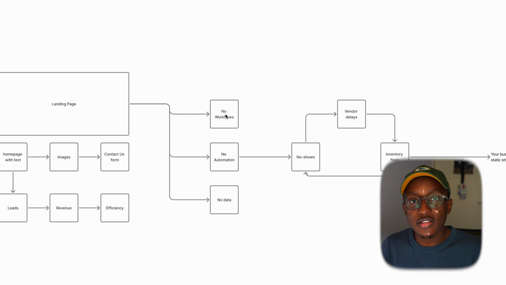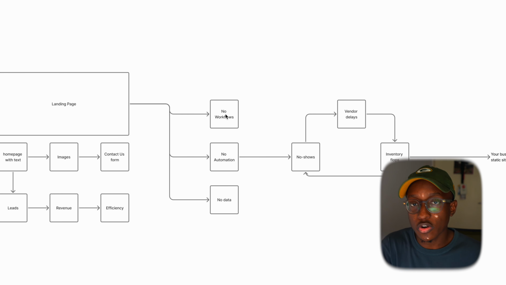You basically say, hey, someone lands on the page, they inquire, cool. And you have no sequence of processes to track how many people have inquired, and then for those people that have inquired to have a sequence of processes on the back end, which then allows you to follow up and also capture that extra leaking revenue within the business.